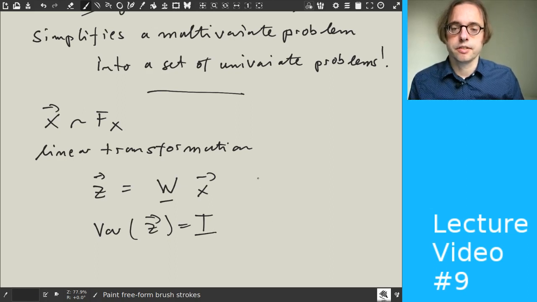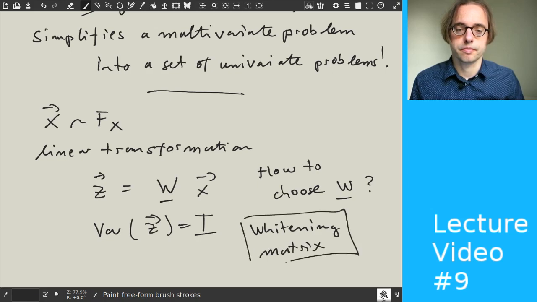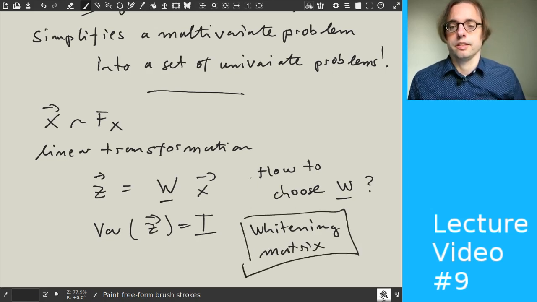So the question is how to choose this matrix W. So this is the whitening matrix. So how do we choose this?